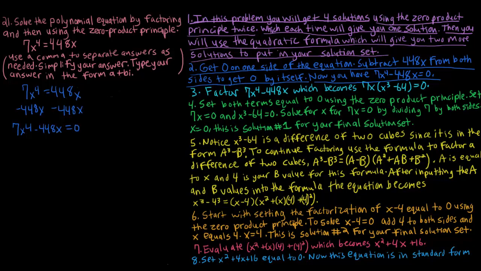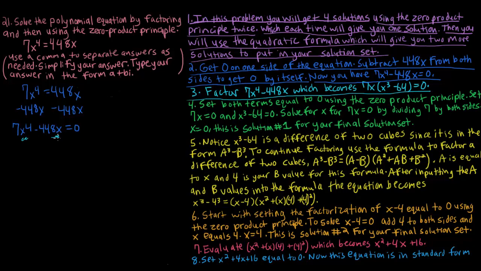Now step 3 is to go ahead and factor 7x to the fourth minus 448x, which becomes 7x times x to the third minus 64 equals 0. So we can just go ahead and factor this out.